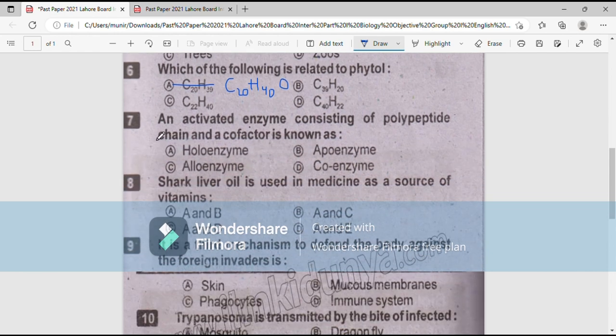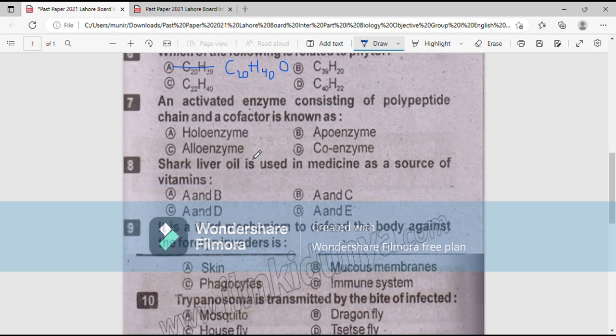Moving towards the seventh MCQ: an activated enzyme consisting of polypeptide chain and cofactor is known as. The first and correct option is holoenzyme. Holoenzyme is an activated enzyme. The second option is apoenzyme, but apoenzyme is the inactive part, so it is not the correct option.